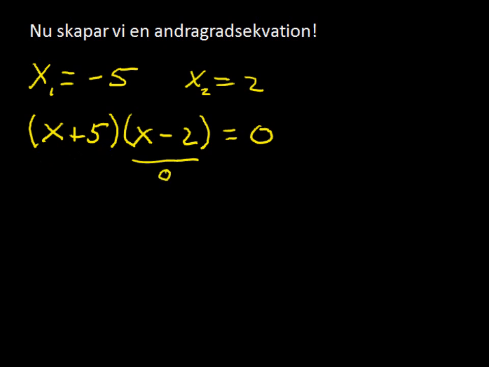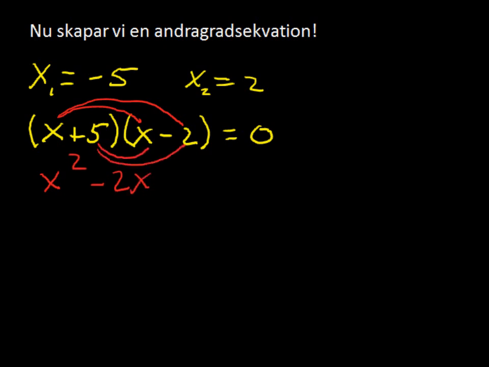Okay, let's take the next step then, and we need to multiply in our little guys here. So we're going to get our x times our x there, and our x times our 2. That gives us x squared minus 2x. And now we need to do this one and this one.